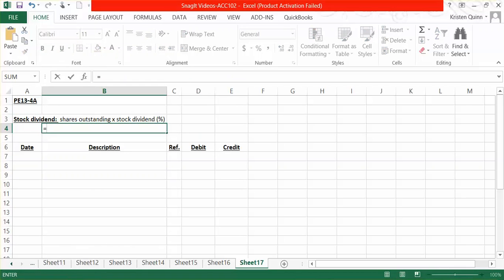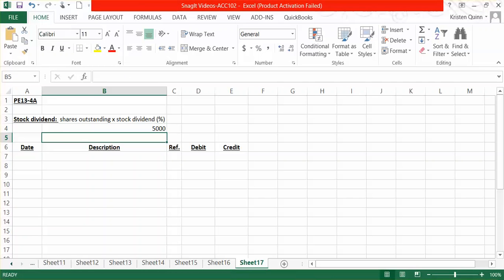So in our example, they told us that we had 250,000 shares that were outstanding and that we were declaring a 2% stock dividend. That tells us that we are distributing an additional 5,000 shares of stock.